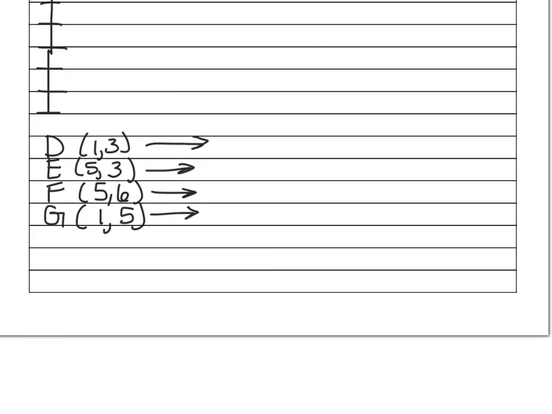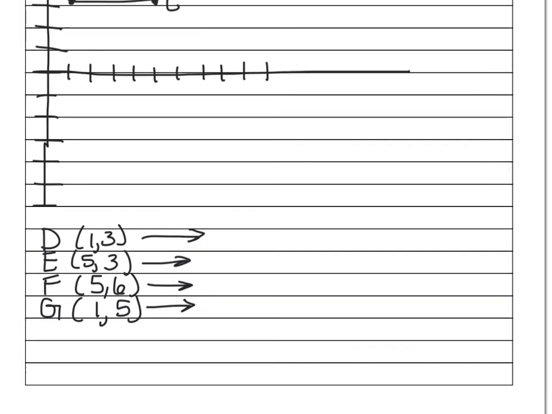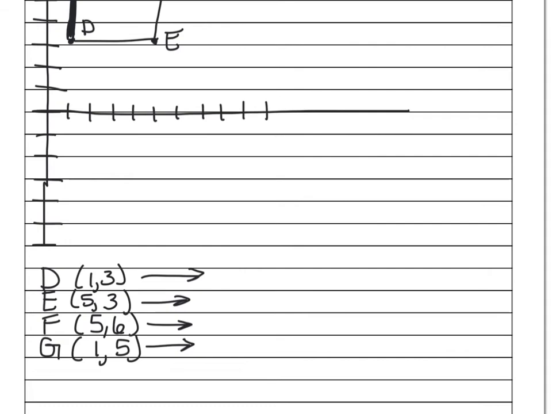So we have to remember our rules for a reflection. So with a reflection, if you're flipping over the x-axis, whatever your x comma y was, you're going to have the same x value but a negative or opposite y value. So let's do that reflection real quick.